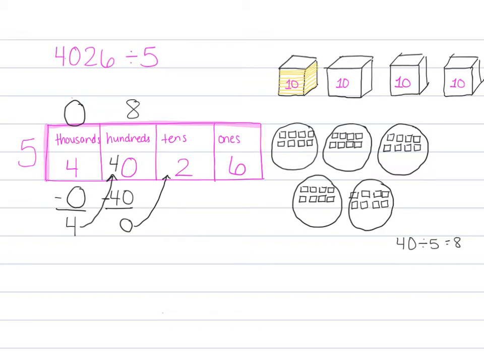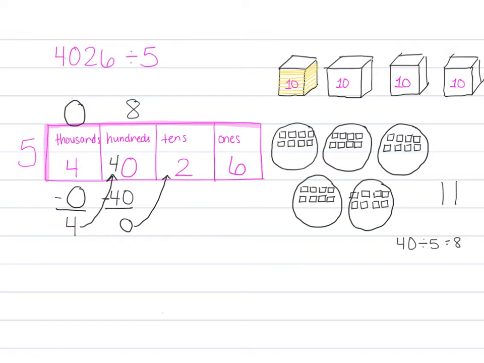All right, now we have 2 tens. So visualize 2 tens in your mind. Okay, can we divide 2 tens into 5 groups? No, we can't because 2 is smaller than 5, so we cannot evenly put these 2 into 5 groups.